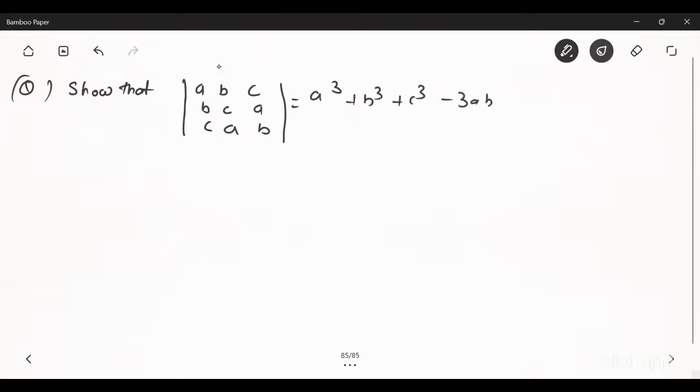The question is: show that the determinant of a b c, b c a, c a b is equal to the square of (a cube plus b cube plus c cube minus 3abc), which is equal to the determinant 2bc minus a square, c square, b square; c square, 2ac minus b square, a square; b square, a square, 2ab minus c square.